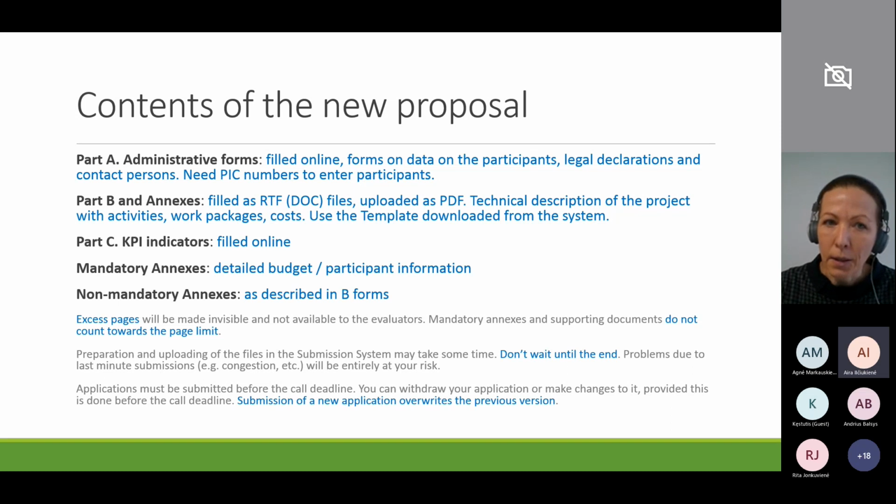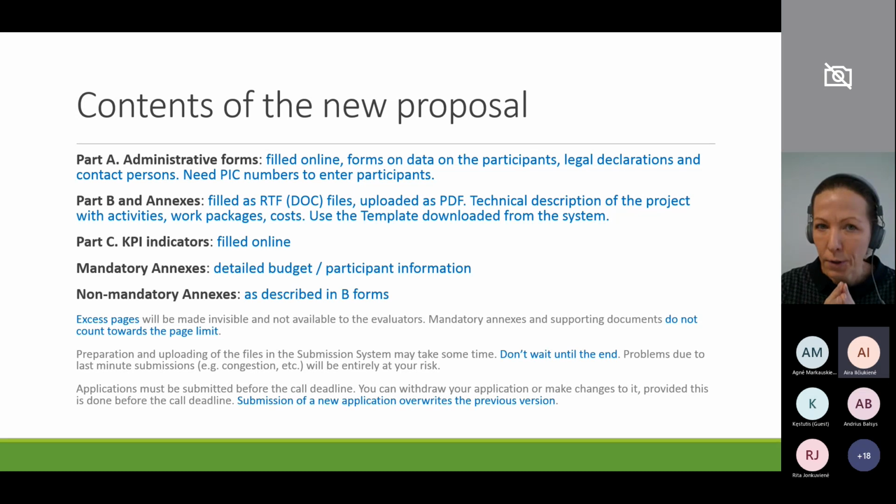Part B you download as a file from the system and you fill in the doc file, and then later you transfer it to PDF format and upload it back on the e-grant system, which is kind of clumsy if compared to the previous LIFE e-proposal system.